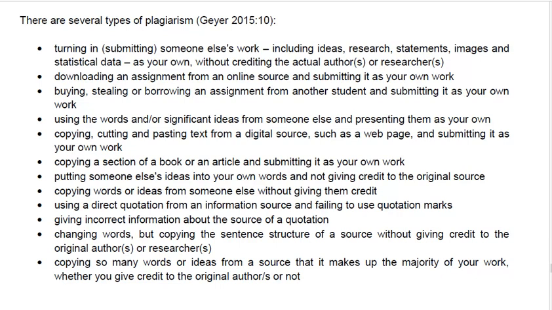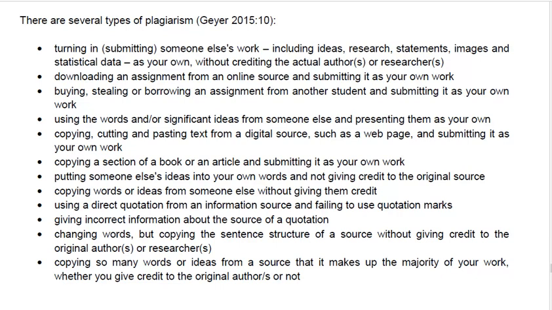One, turning in or submitting someone else's work, including ideas, research, statements, images, and statistical data as your own without crediting the actual author or researcher.